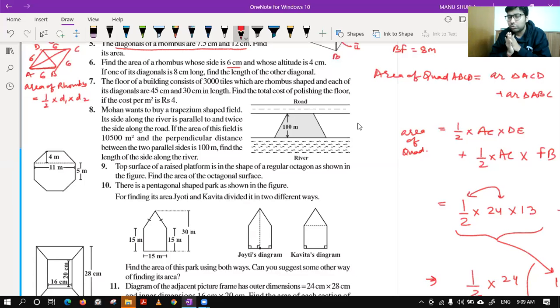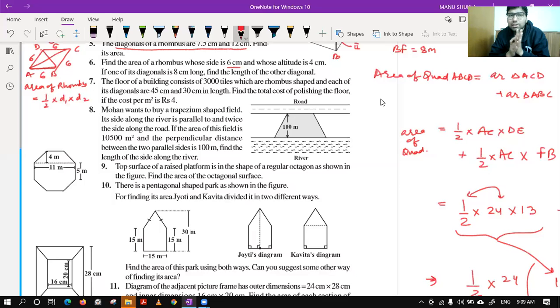Class, is it correct to say all sides are 6? Yes, we can say. Next thing they are saying, and whose altitude is 4 centimeter. If one of its diagonal is 8 centimeter long, find the length of other diagonal.